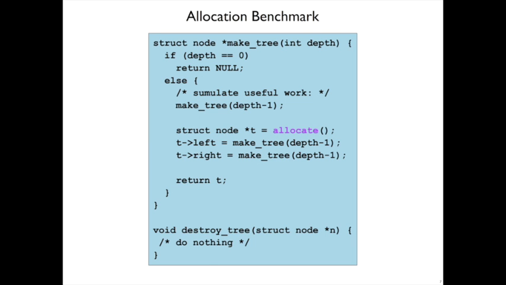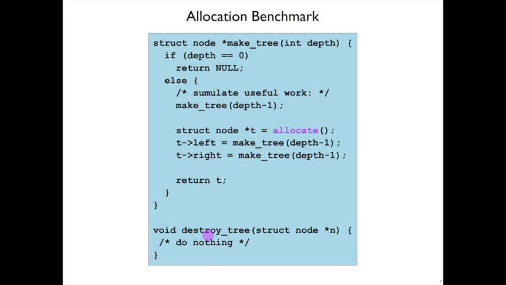So what we would like to write in some language, maybe not necessarily C, is something that looks more like this. So when you call makeTree and it does some simulation of work here, it can make a tree. It doesn't have to explicitly destroy that tree. The automatic memory management is supposed to take care of that somehow.